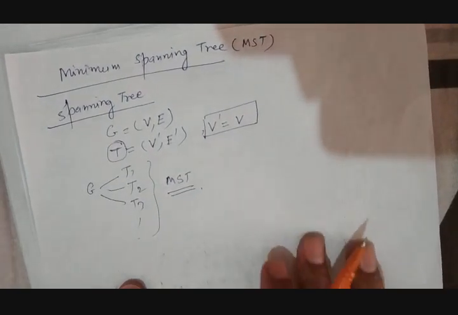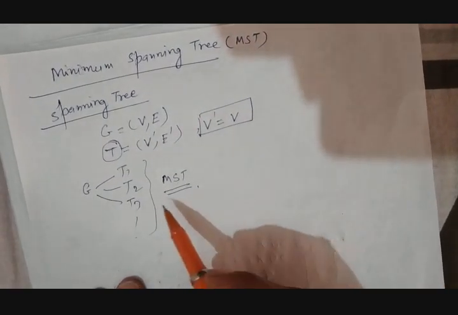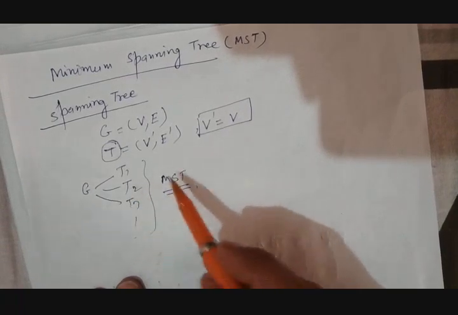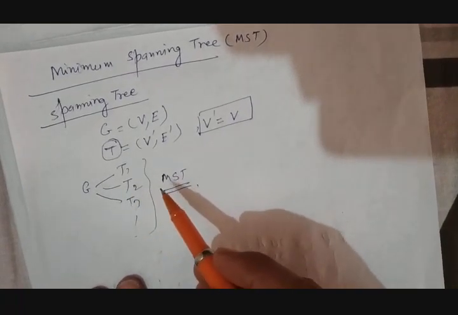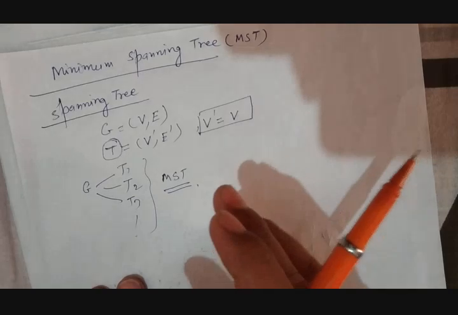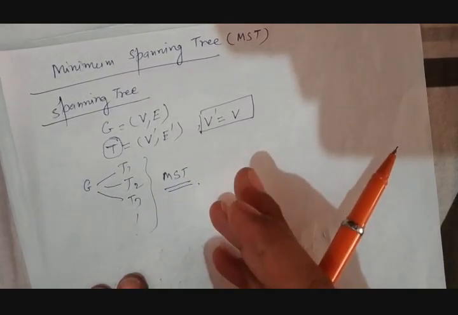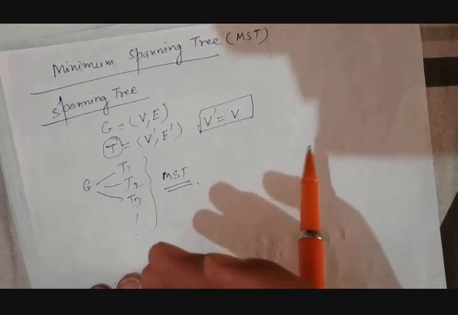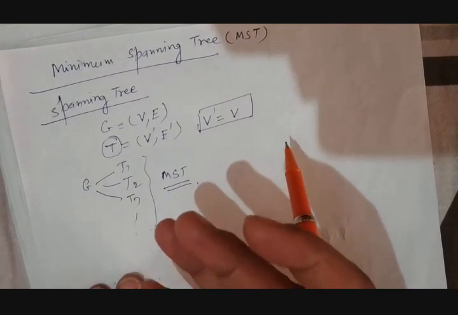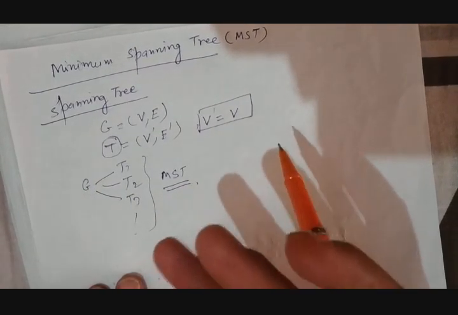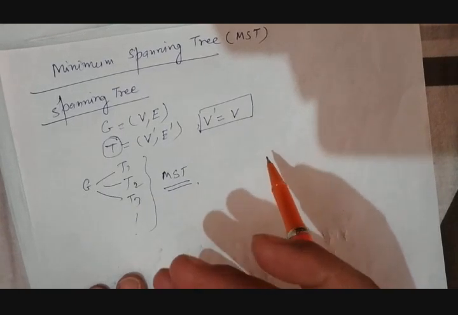So we have to find such a spanning tree for which if we sum up the weights of all the edges present in that spanning tree, the total sum of weight comes minimum, so that tree is called minimum spanning tree.